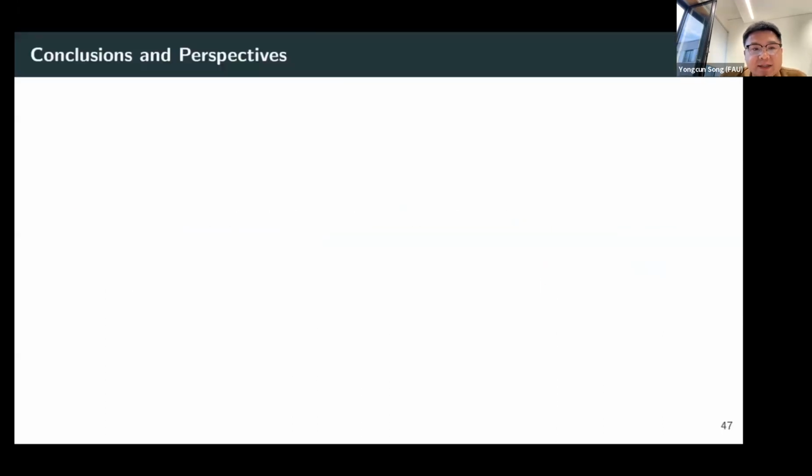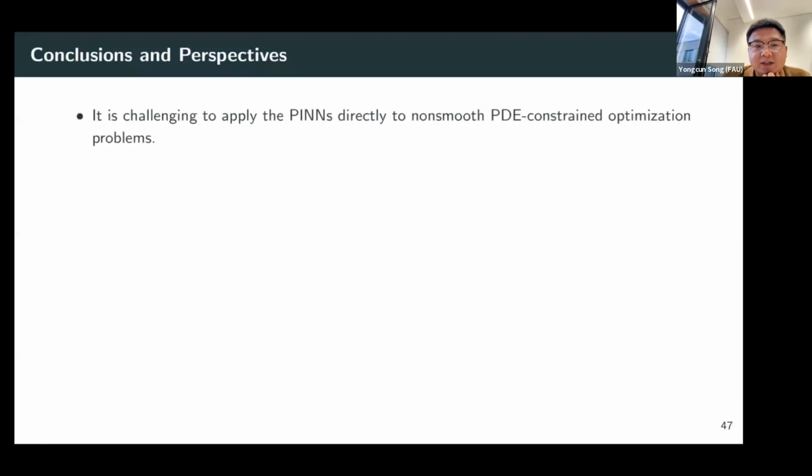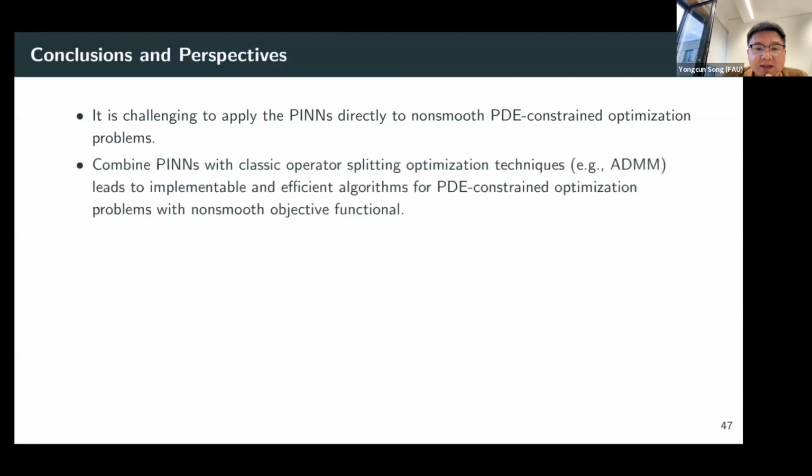Finally, there are some conclusions and perspectives. It is challenging to apply PINNs directly to nonsmooth PDE constrained optimization problems. Combining PINNs with classical operator splitting optimization techniques, for example ADMM, leads to implementable and efficient algorithms for PDE constrained optimization problems with non-smooth objective functional.